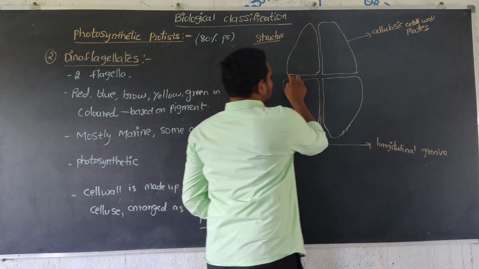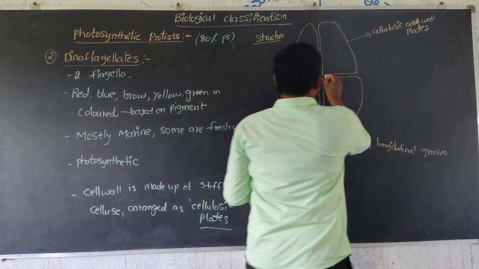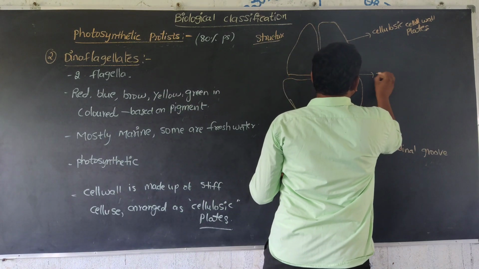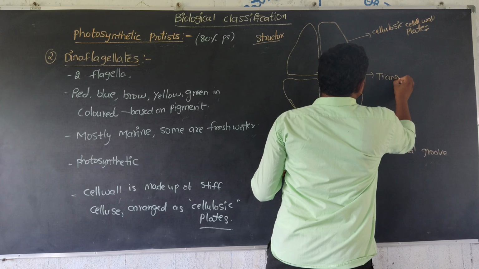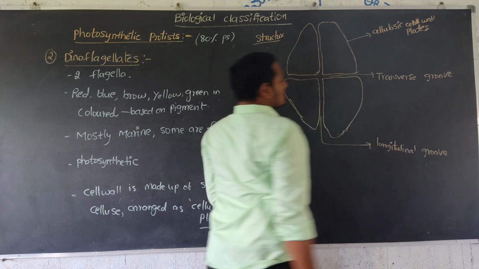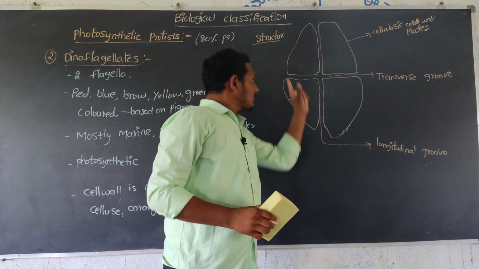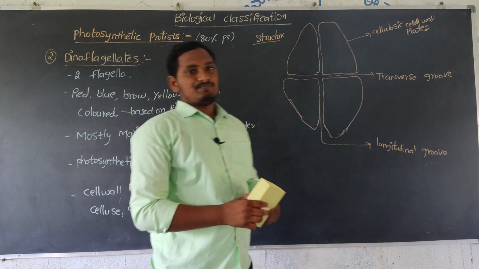Here also some space is there between the cellulosic plates, that is the transverse groove. This is the longitudinal groove, and this is the transverse groove.